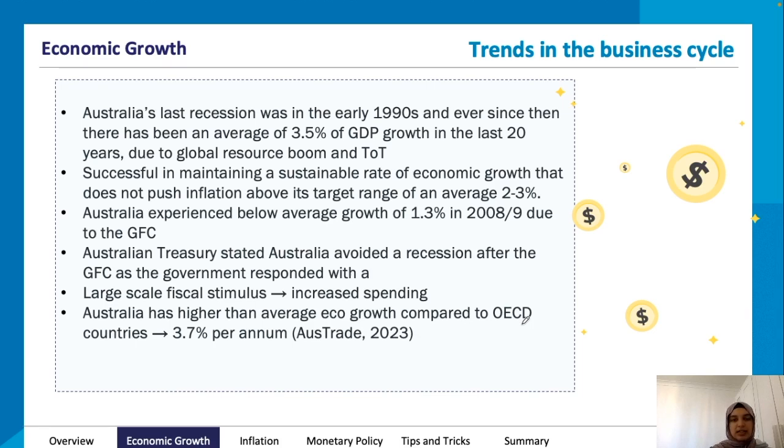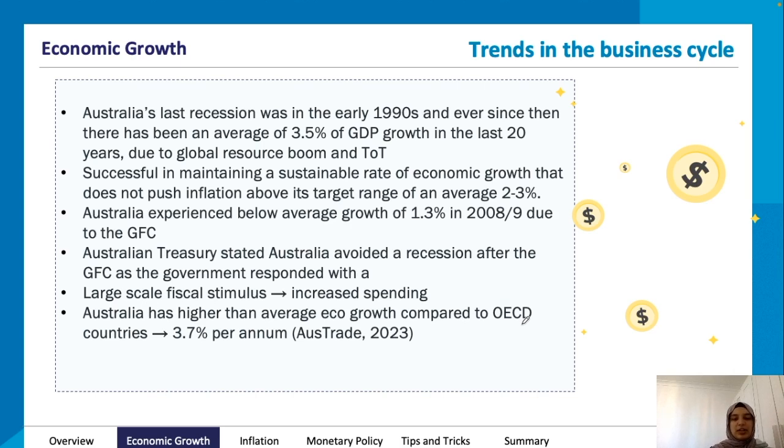We have been successful in maintaining a sustainable rate of economic growth that does not push inflation above its target range of 2 to 3%, which is what we aim for. Inflation targeting is one of the key factors in Australia's economy, so it's something to take into consideration when we are learning about the economy.